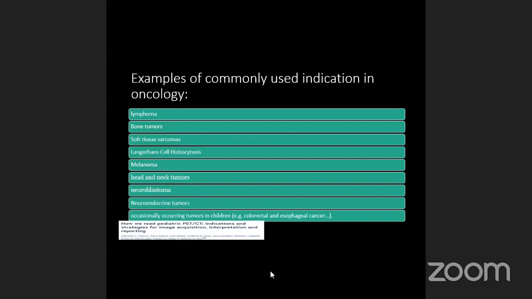So what can we do in oncology, especially now that we're talking about pediatric oncology? These are the commonly used indications in pediatric oncology. Some of these indications are settled, like lymphoma, for example. They use PET CT, and that is routine practice in these places. And some of them are still under research, especially regarding PET MRI.